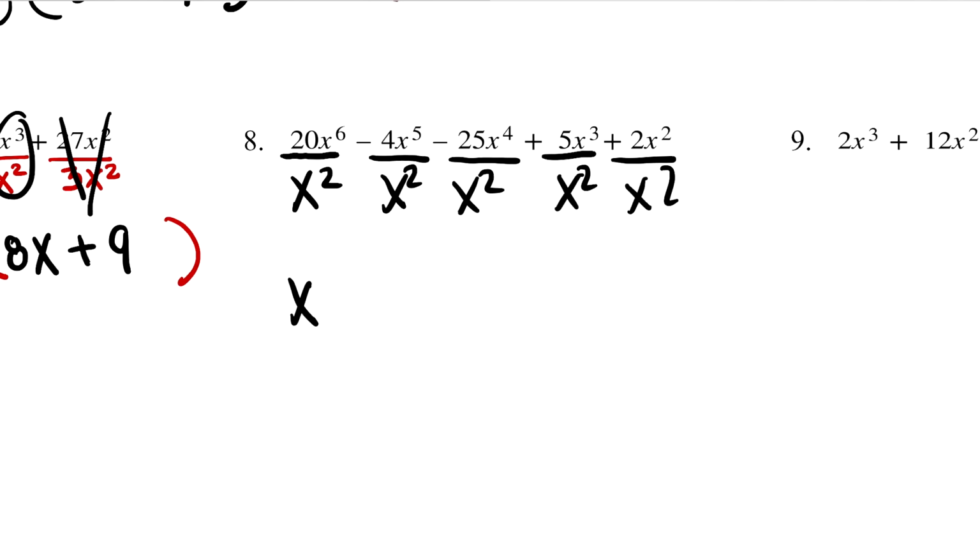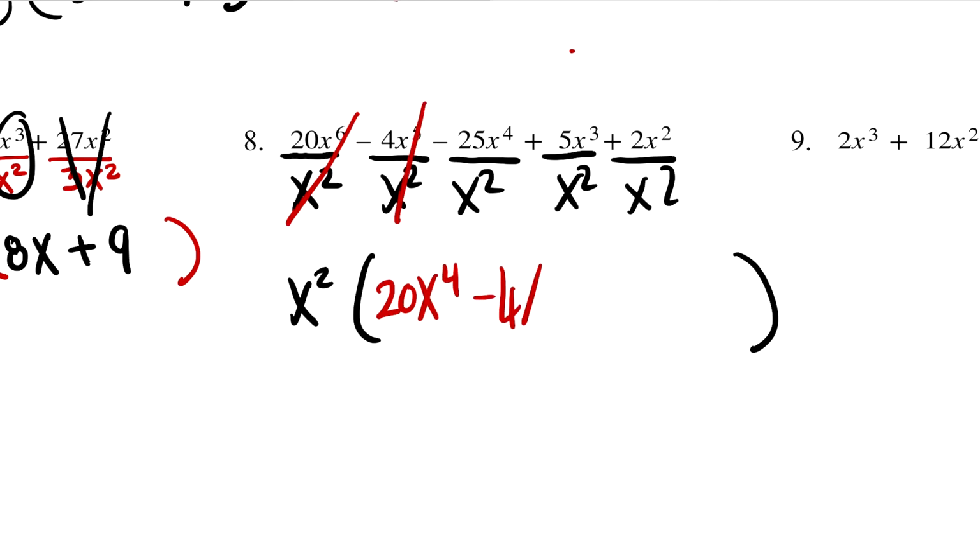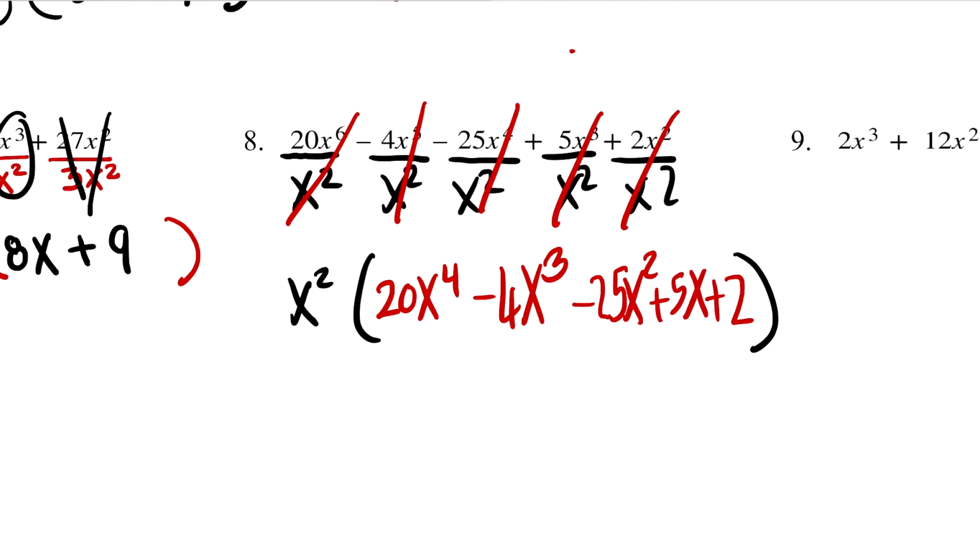So we're going to take out the x squared. Then you have 20x to the 4th minus 4x to the 3rd, minus 25x squared plus 5x, and then finally plus 2.